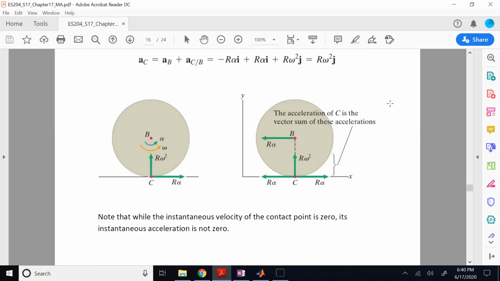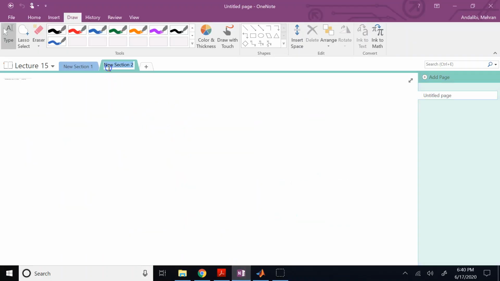Okay, good. So now I want you to work with me through this interesting example of the object rolling on a surface without slipping, right? This problem we have analyzed in the past. The velocity analysis of it we have done. So we're going to do acceleration analysis. But I want to remind you of what we have done last time.